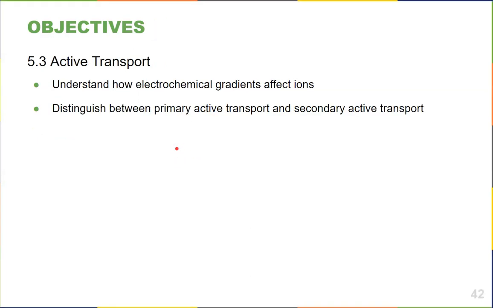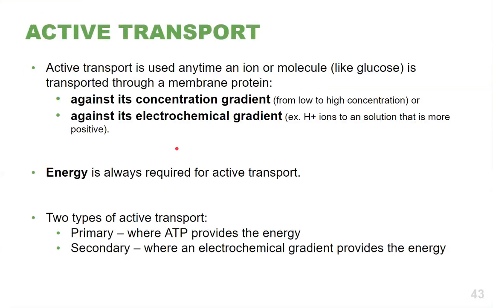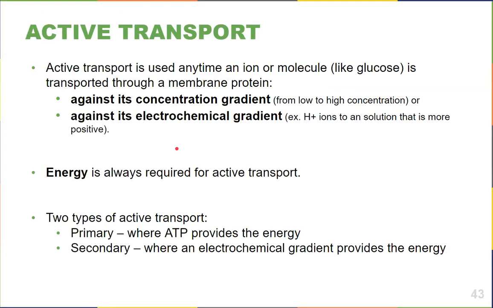Okay, so 5.3, active transport. We'll talk about how transport can occur with energy, and we're going to understand electrochemical gradients. Active transport is used by something that can't move through the membrane on its own, and it typically occurs against the concentration gradient or against an electrochemical gradient.